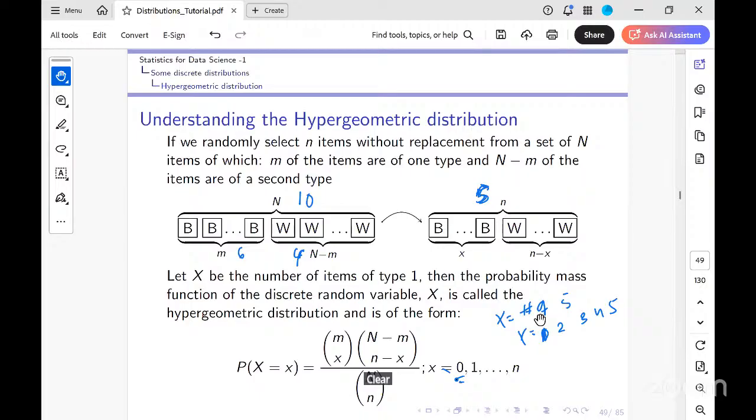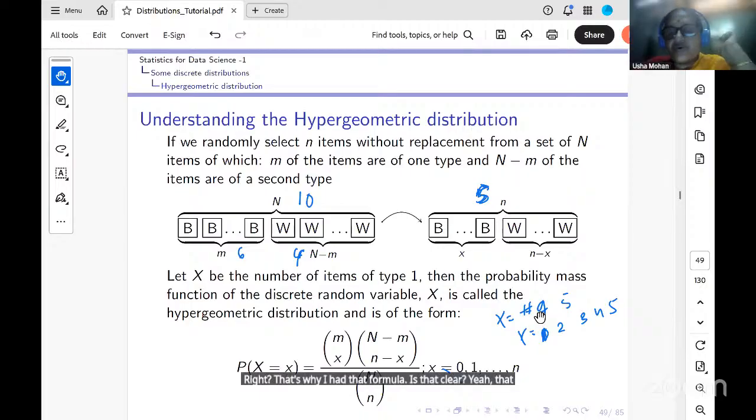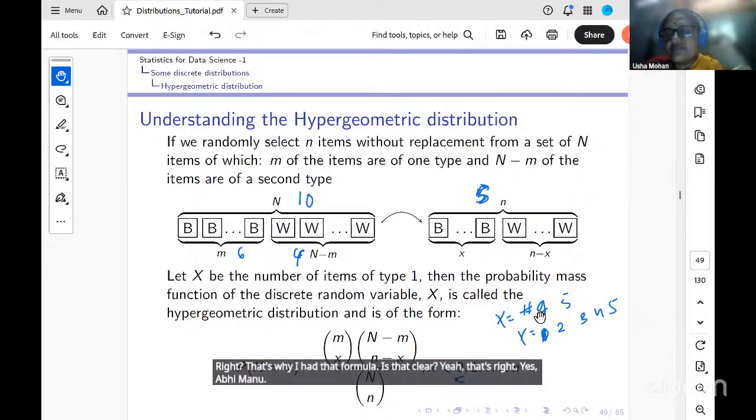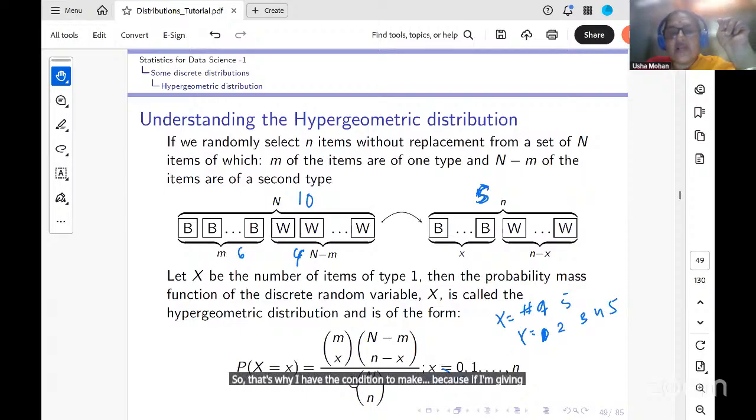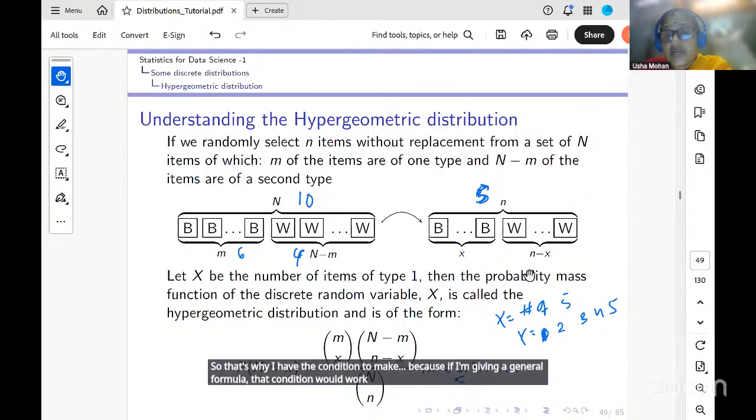Yes, Abhimanyu. Okay, is that clear? That's why I had the condition, because if I'm giving a general formula, that condition would work only under that case.